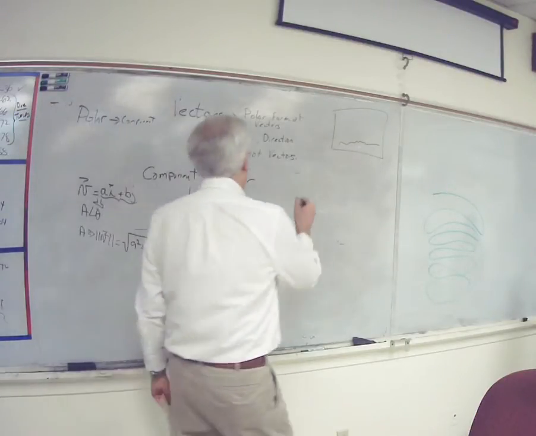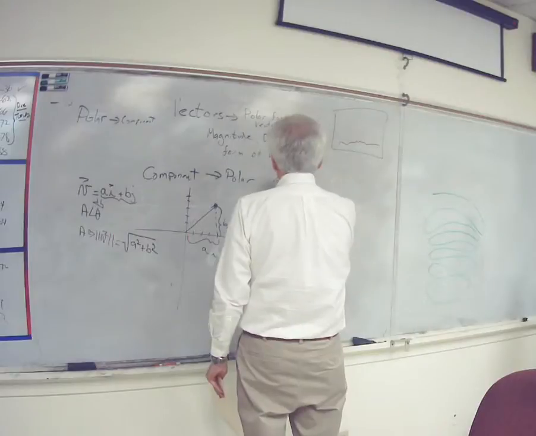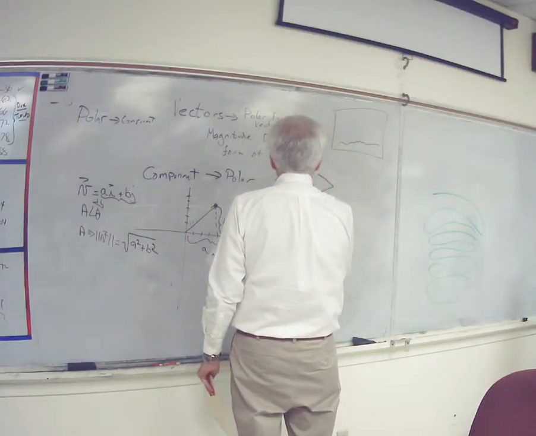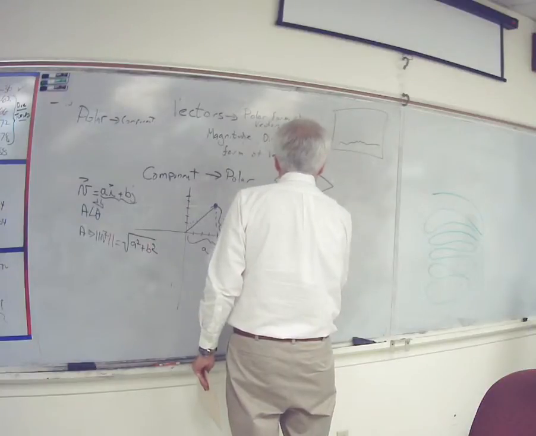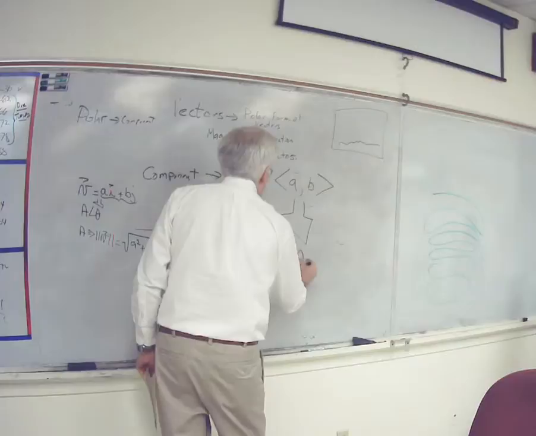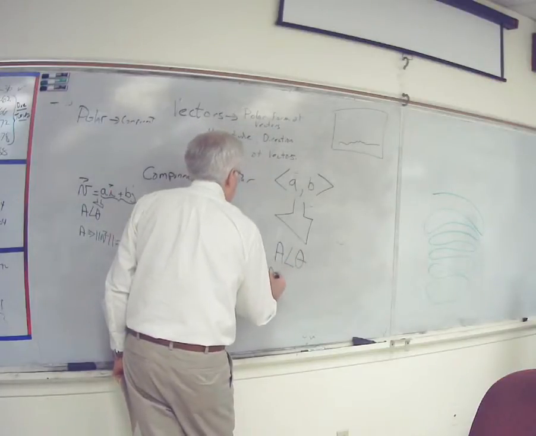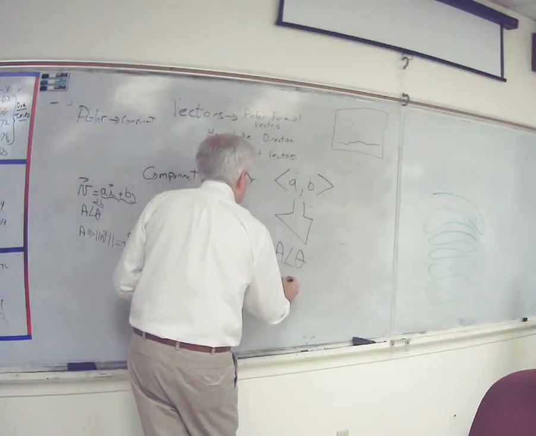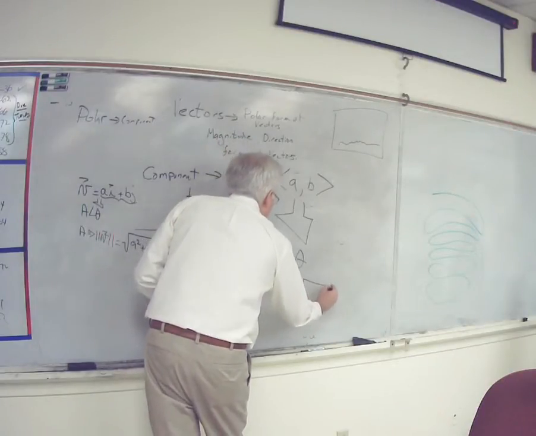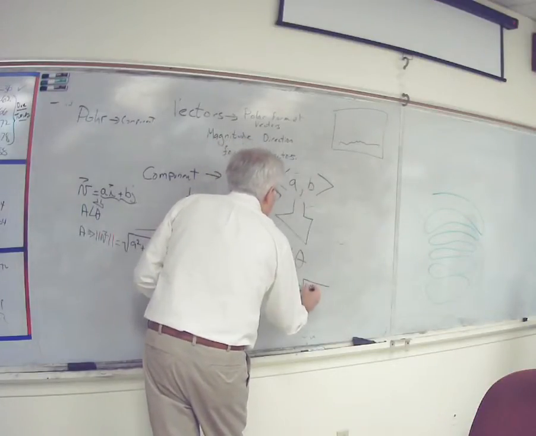So what I have here is I start with A and B, and then my A is at an angle of theta. I want to go there.